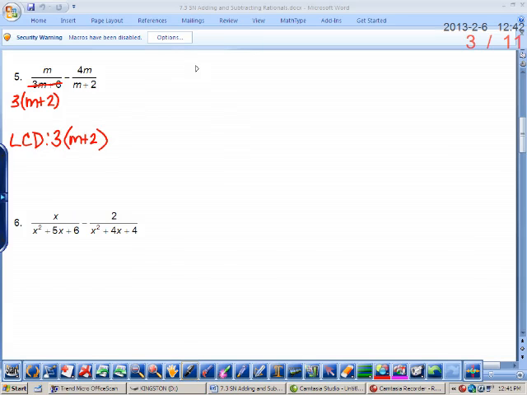All right. So write out what you start with. You know this is your LCD because you look at each of your factors from your original denominators. And every factor from the original denominator has to be represented in your common denominator. So 3 is a factor, and I have 3 represented in my common denominator.